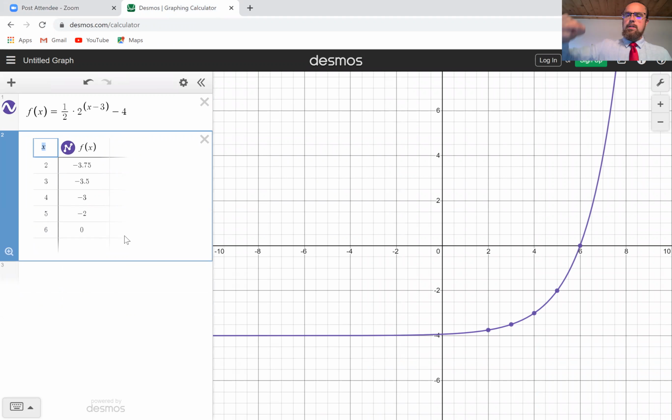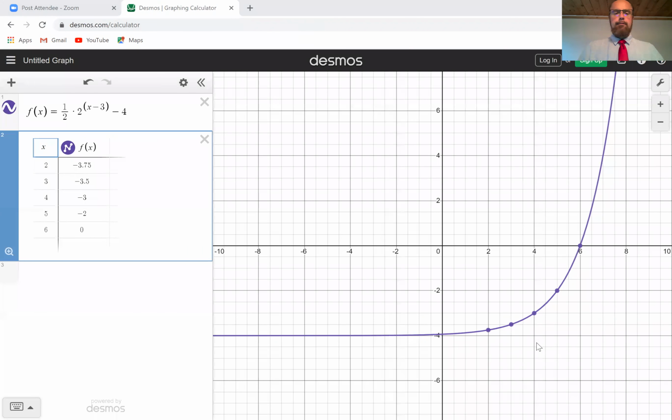And that catches a nice snapshot of that exponential curve as it's undergoing its growth phase. So I'm going to record this table: 2, negative 3.75; 3, negative 3.5; 4, negative 3; 5, negative 2; and 6, 0.